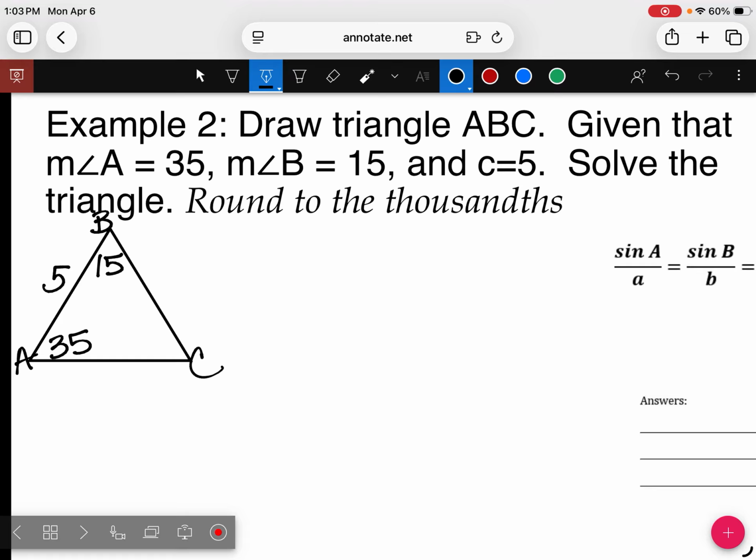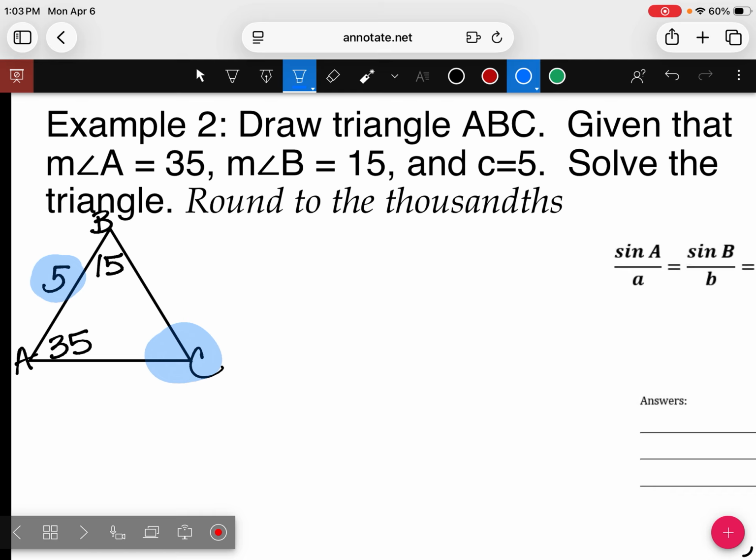So right now, we don't have a pair. In order for me to know this, I need to figure out C. Can I figure out C, though? Can I easily find C? Yes. How do we find C?